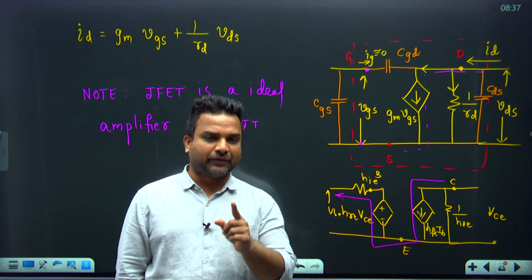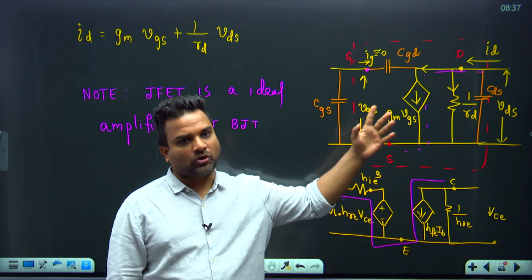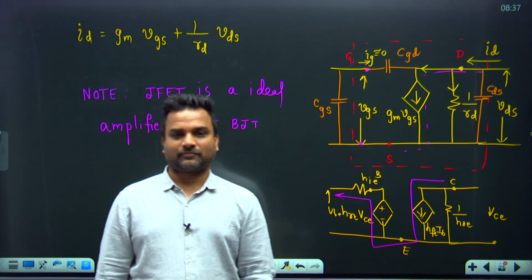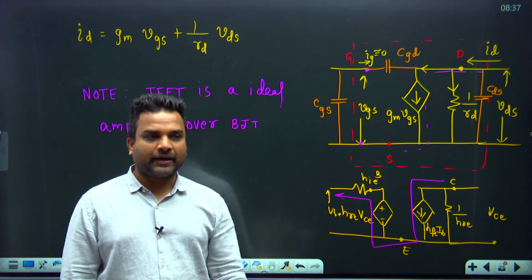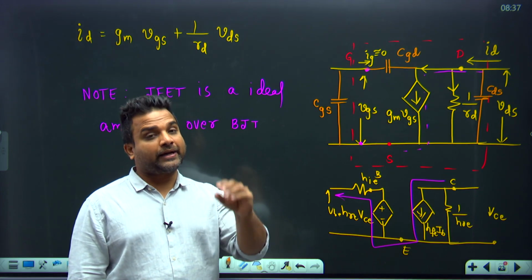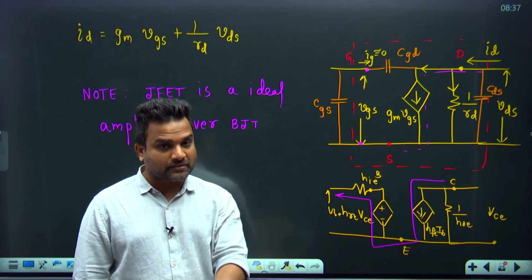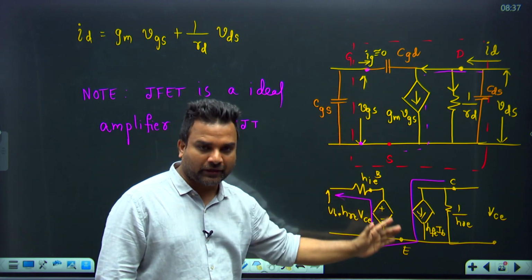Now at high frequency applications there are internal capacitances, so there is a feedback even in JFET also. In this case, which amplifier is the ideal amplifier? In this case the ideal amplifier is the BJT amplifier because its transconductance is higher than FET.